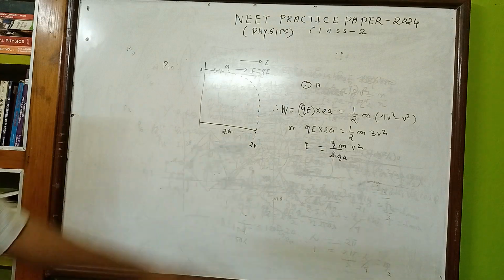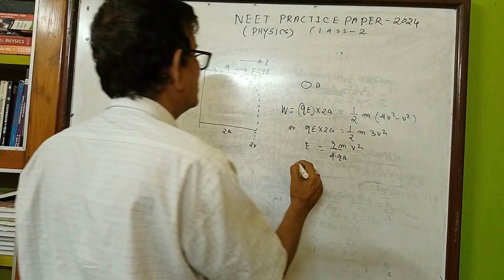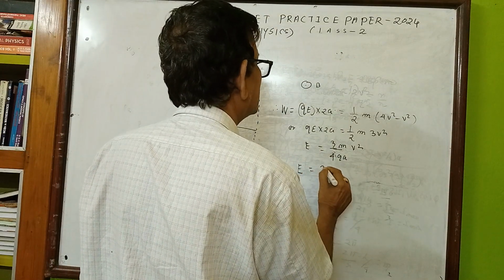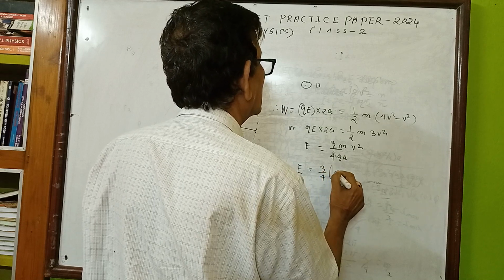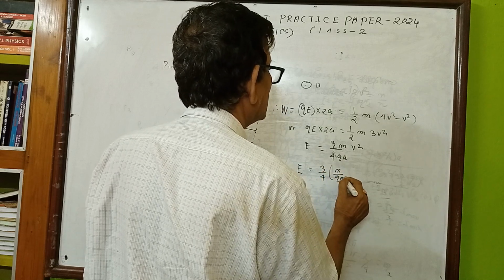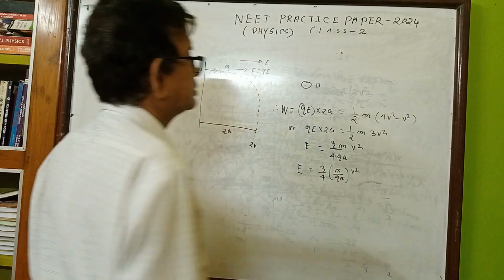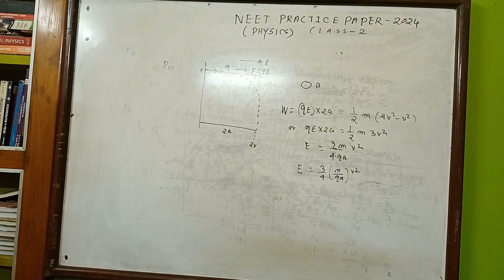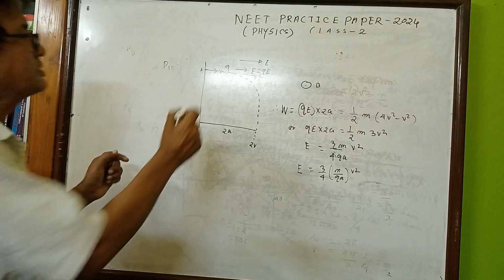That means electric field value you are getting. Electric field is 3 by 4 m v square by Q a. So this is what they are asking, the electric field value.